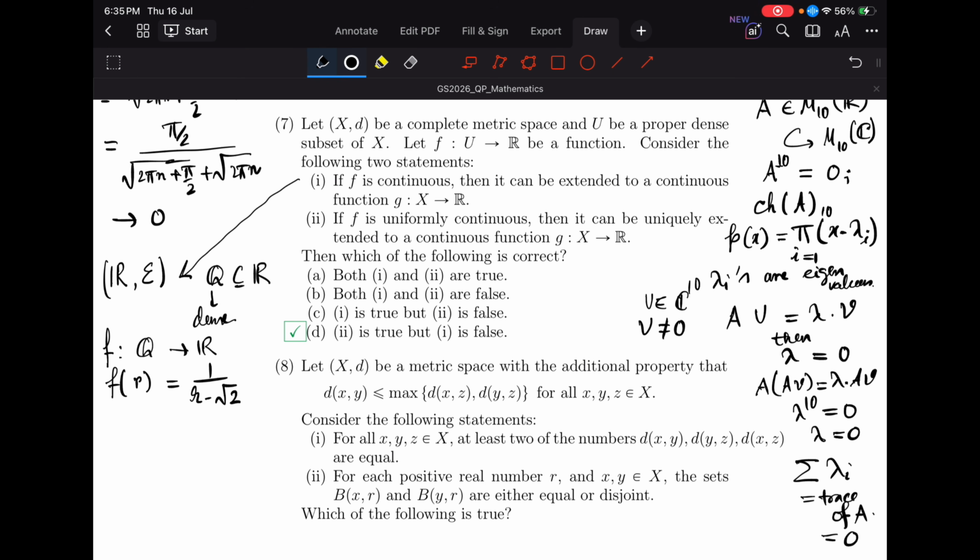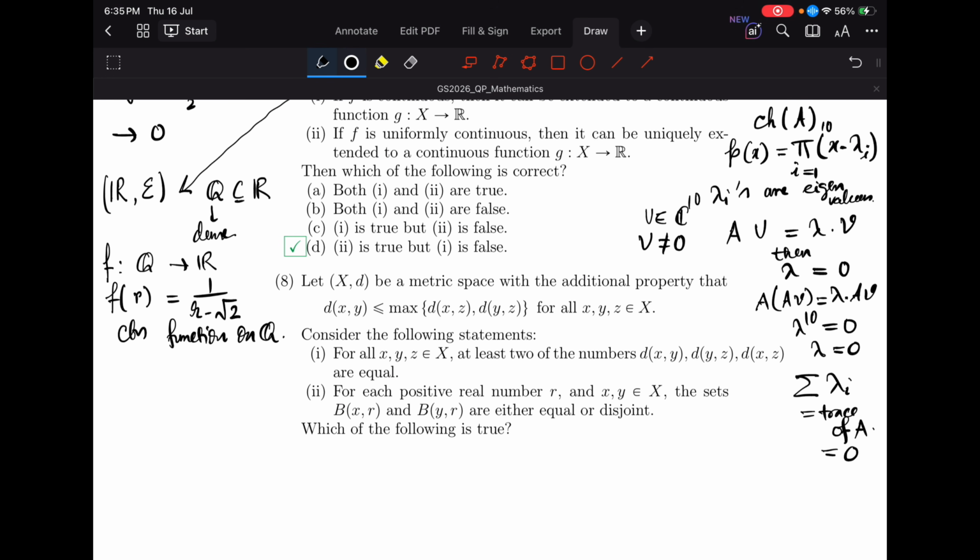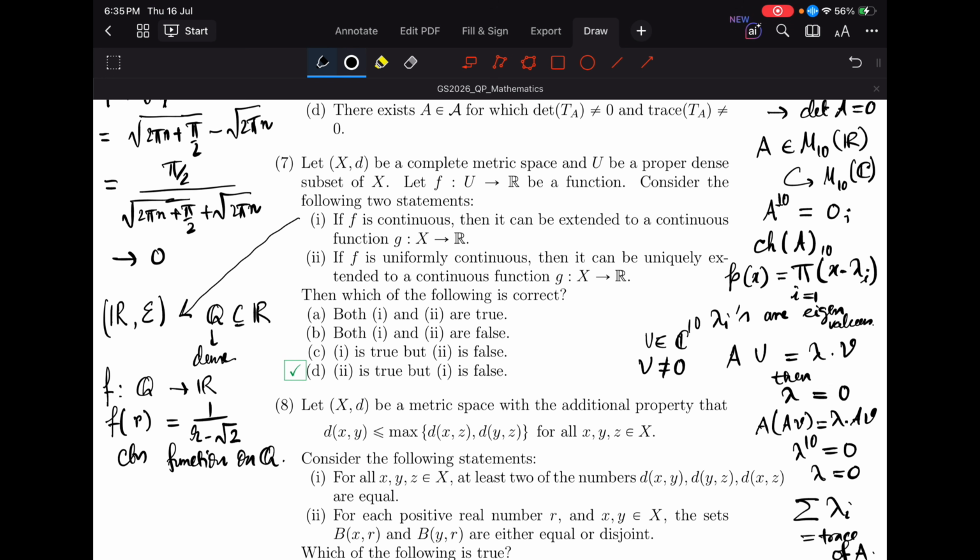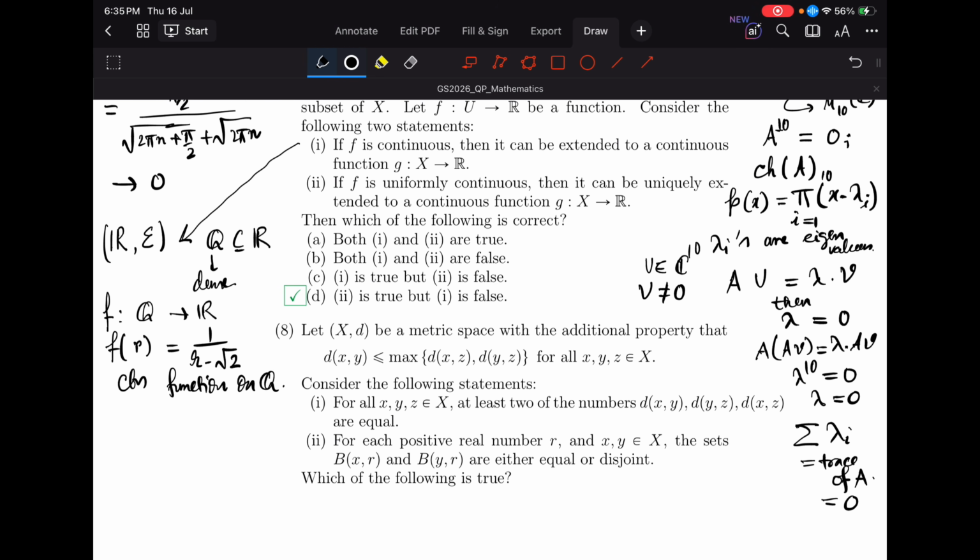Root 2 is irrational, so it is not inside Q. So clearly this is a continuous function on Q, but you cannot extend it to a continuous function on R, because root 2 is inside R, so you cannot extend the function at root 2.